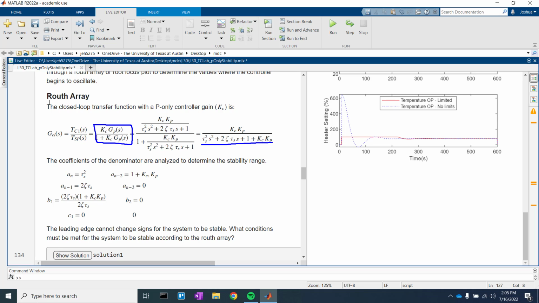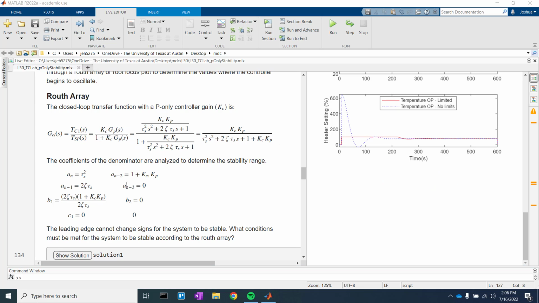What we're going to do with a Routh array, and hopefully you've seen this within the lesson, is get everything in a form where we have some function of s: a sub n s to the n plus a sub n minus 1 s to the n minus 1, and it will go on. For example, we have an s squared, we have an s, and we have these two multiplied by s.